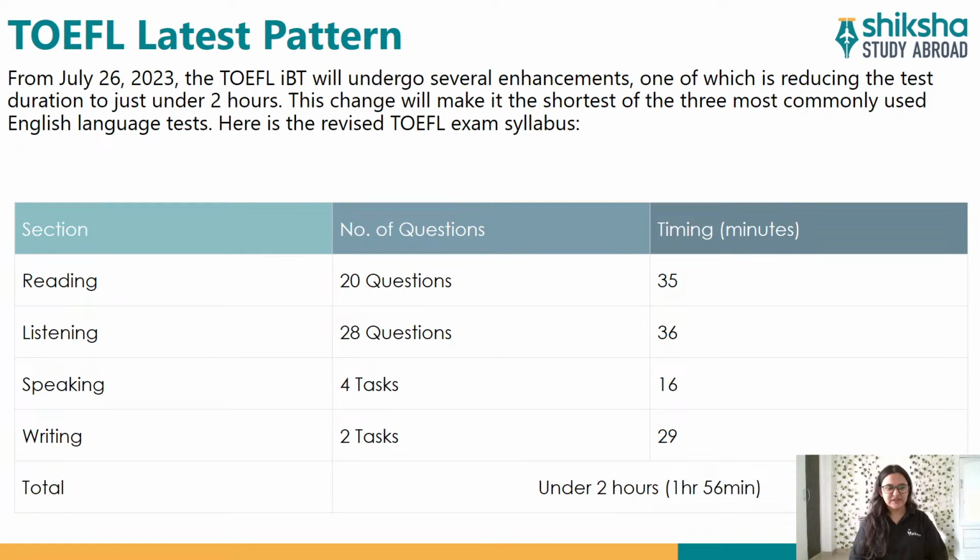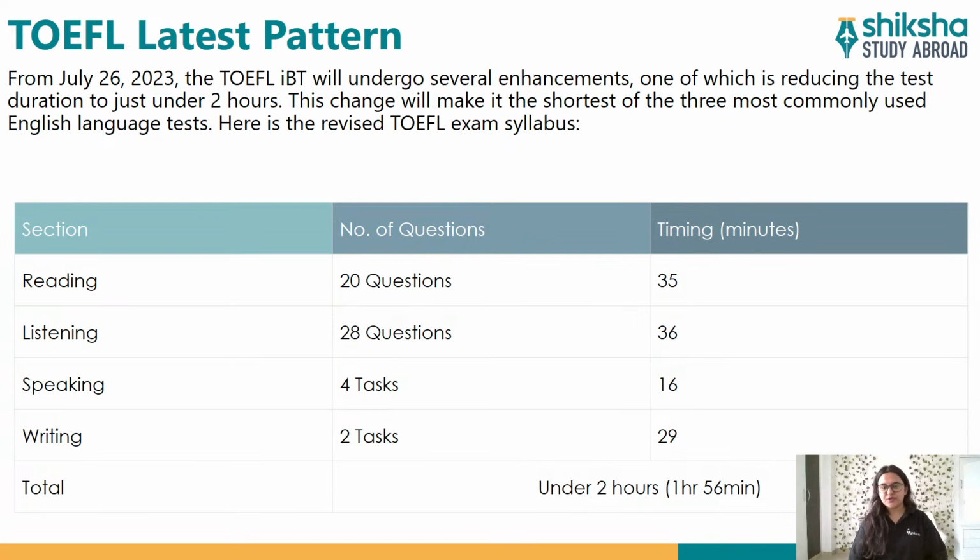So let's revise the new number of questions and the timings. The reading module will now have 20 questions in total, and the timing is 35 minutes. Same goes for listening. Listening will have 28 questions in total, and you will take 36 minutes to complete your listening module.